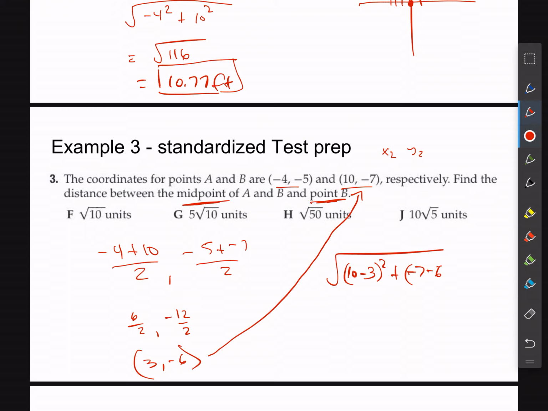Oh, -7 minus -6, so -7 plus 6. Careful of your signs there. Squared, and then we'll do this out here. So the square root of this will be 7 squared, which is 49. -7 plus 6 is -1. -1 squared is +1. So we get the square root of 50, which they give us right here.